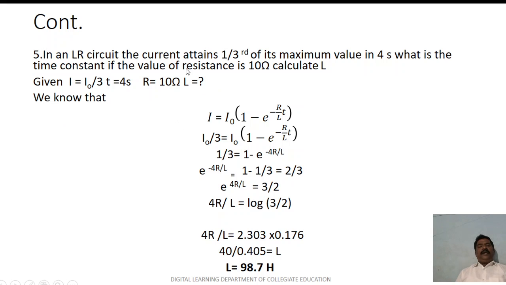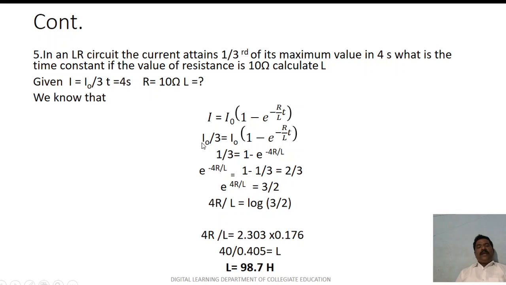We know that for charging in an LR circuit, the current is I equal to I naught into 1 minus e raised to the power minus R divided by L into t. From the given data, I is equal to I naught by 3. Substituting this, I naught by 3 is equal to I naught into 1 minus e raised to the power of minus R by L into t, with t equal to 4 seconds.